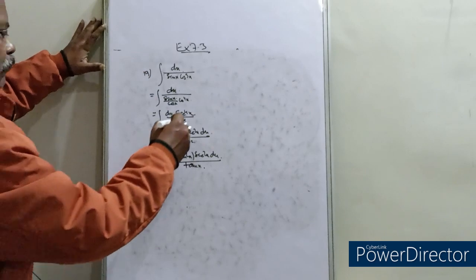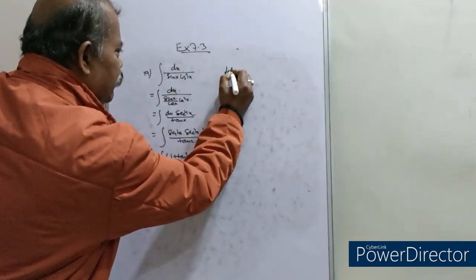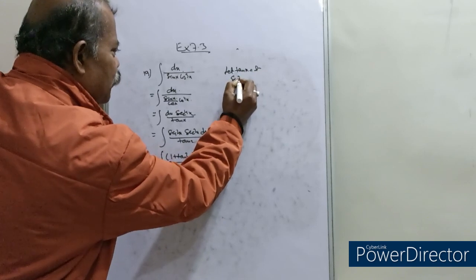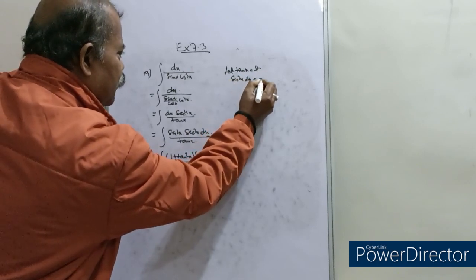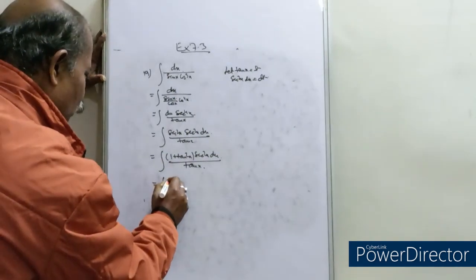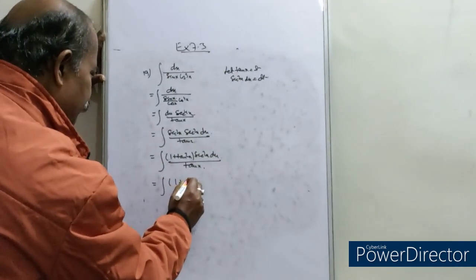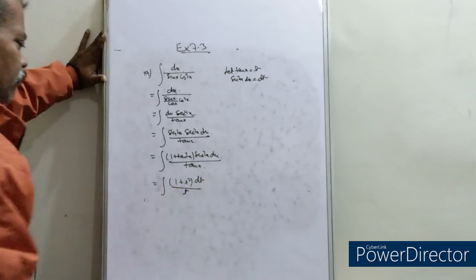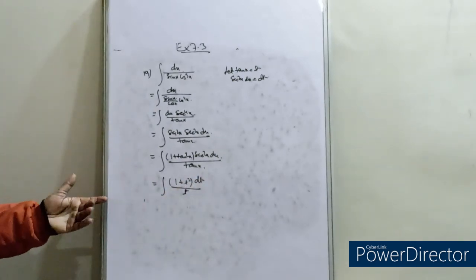Here you see, if you let tan x is equal to t, then sec square x dx is equal to dt. So here you can write 1 plus t square, and this is dt by t. Now it has become more easy to solve.